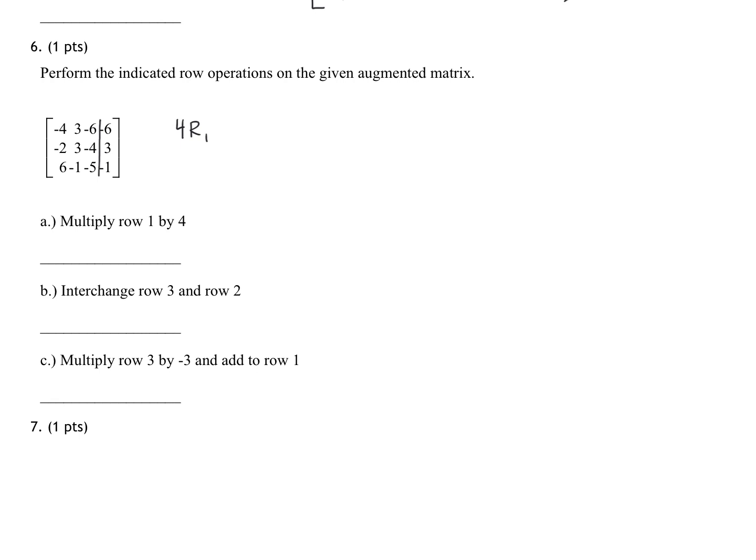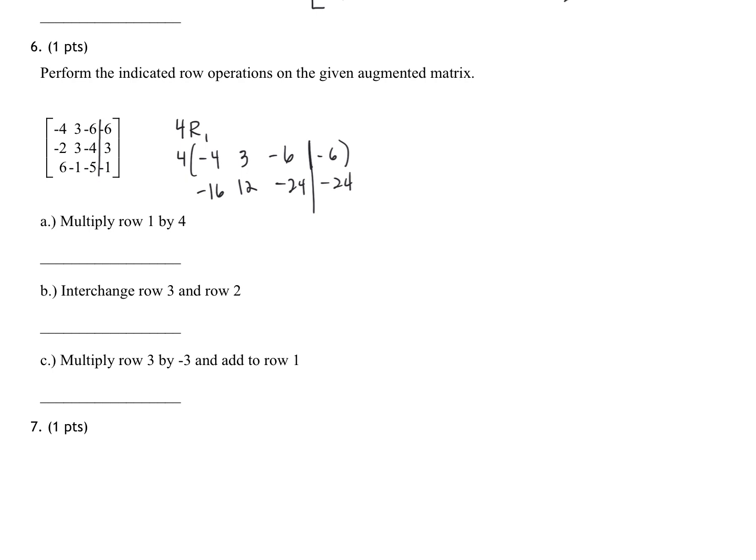Okay, so that would be 4 times row 1, which is negative 4, 3, negative 6, negative 6. And so we would multiply that and we would get negative 16, 12, negative 24, negative 24. So for part A, we would get negative 16, 12, negative 24, negative 24.